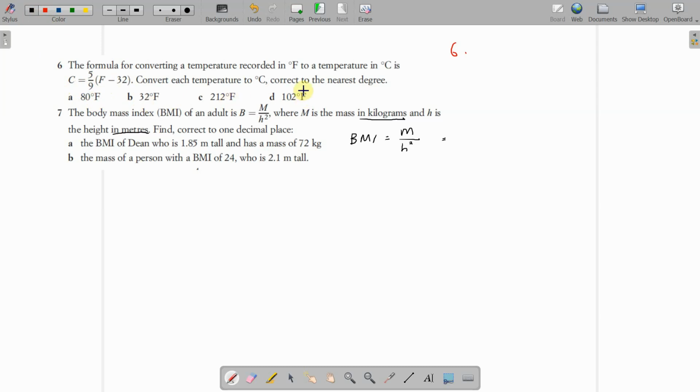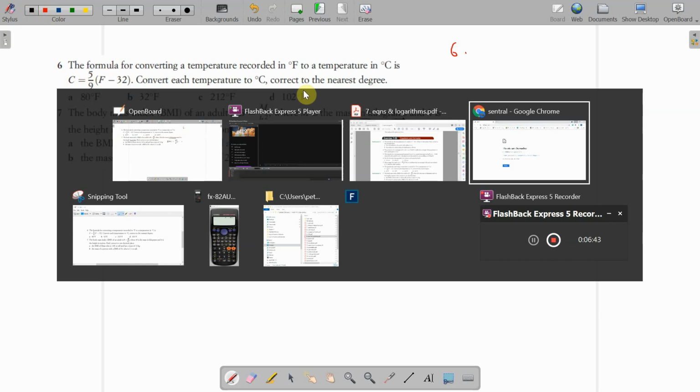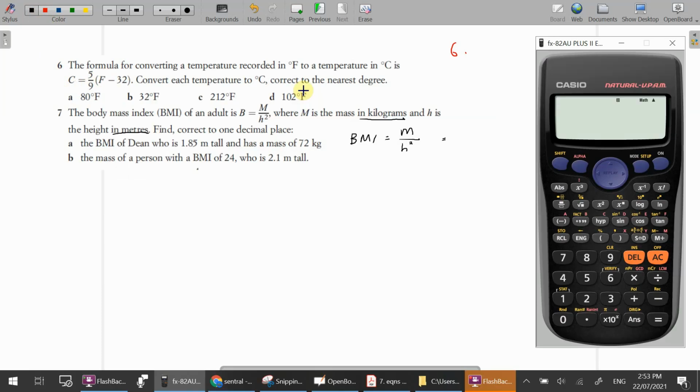I'm just going to bring up the calculator, just to show you. We're going to find the temperature in degrees Celsius correct to the nearest degree. And I'm going to do an example that's not here, just to show you what to do.